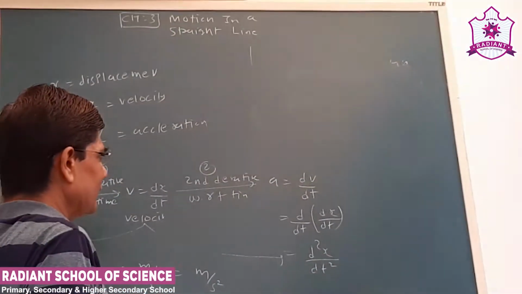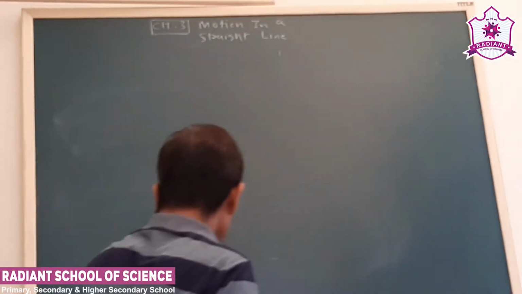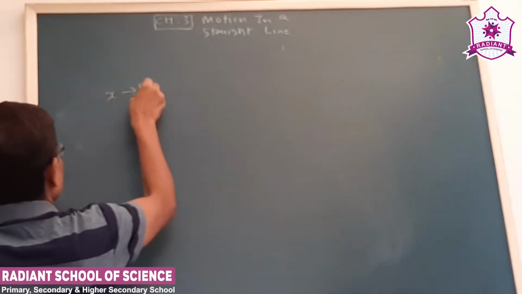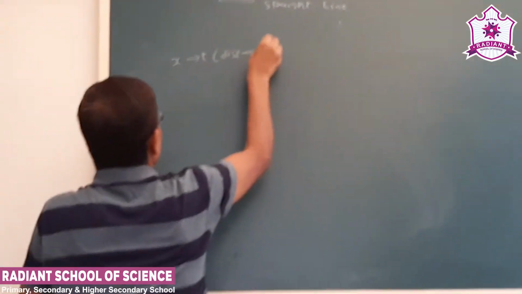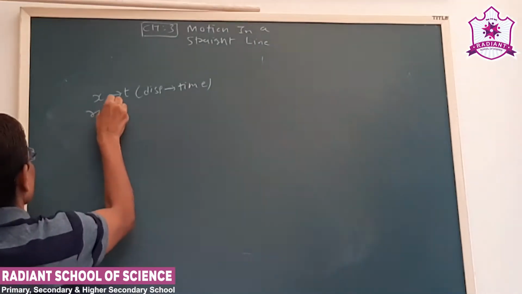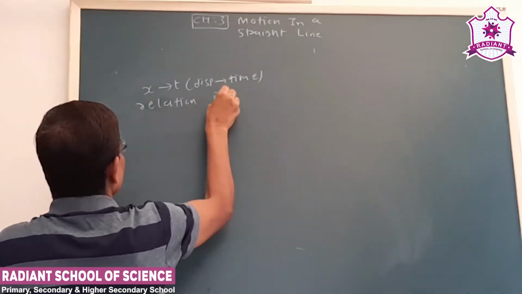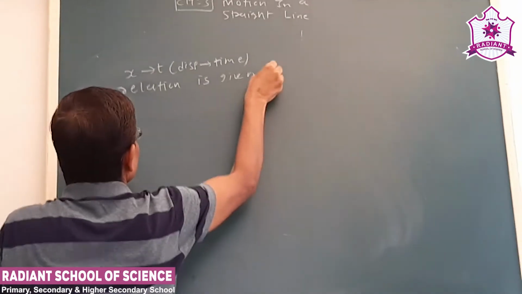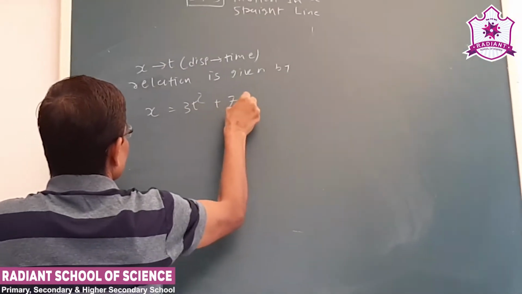Now we will take a very simple example. Let us say the displacement time relation is given by x is equal to 3t square plus 7t plus 8.